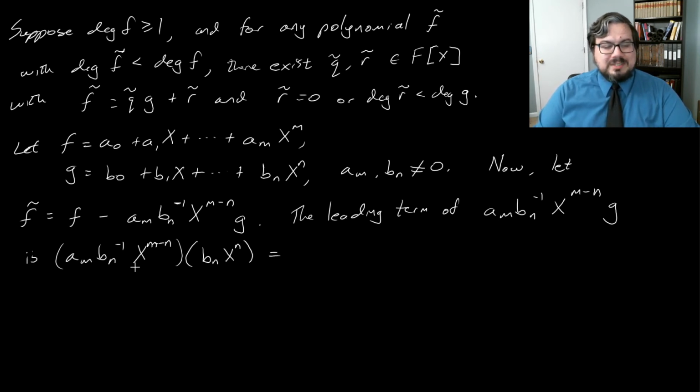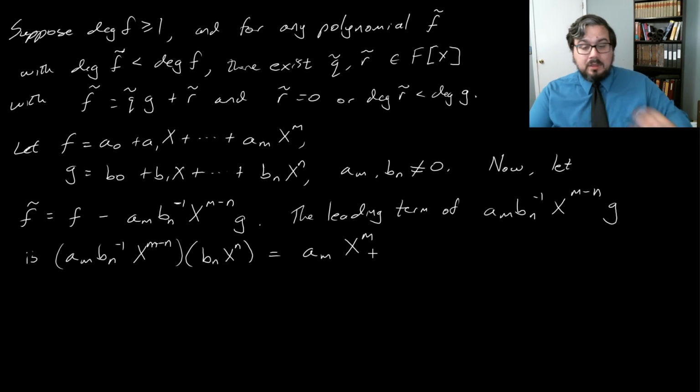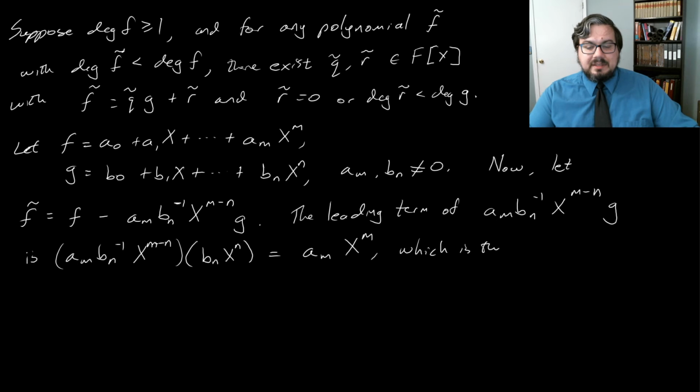Now when you have two single terms multiplying together, we just multiply the coefficients. am times bn inverse times bn is just am. Then x to the m minus n times x to the n gives x to the m. And notice that this is the leading term of f.